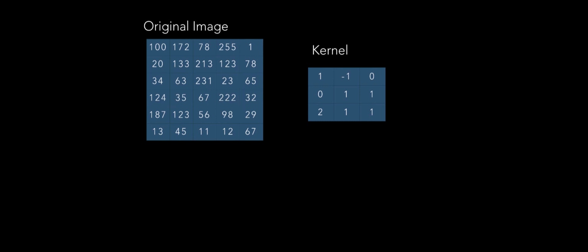Basically what it means is you slide this kernel on top of the original image starting at the top left, then multiply each value in the original image intensity with the kernel value. For example, 100 will get multiplied with 1, 172 will get multiplied with -1, 255 will get multiplied with 0, and you do similar things for other cells.